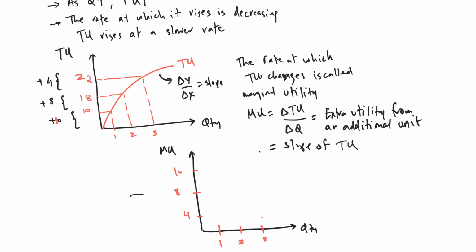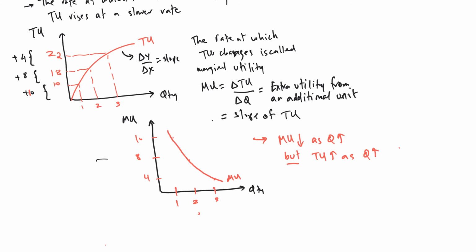So my MU actually looks like this. My MU is declining as my quantity is increasing. So MU falls as Q rises, but we just saw this, TU rises at a slower rate as quantity increases. And why does this happen? Let's talk about this. But is there any question before we move on?